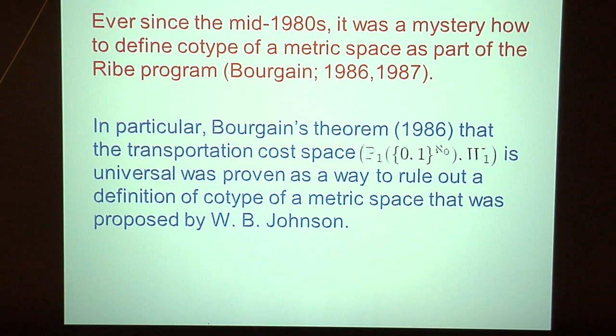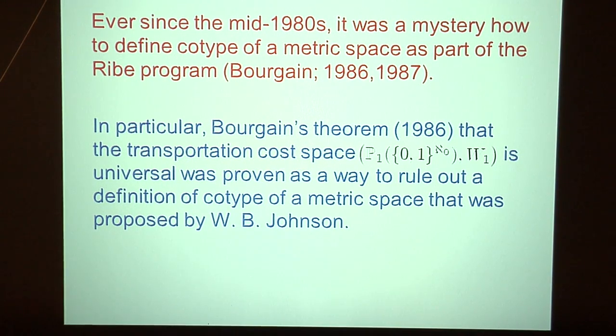So in particular, this theorem about the Wasserstein-1 distance, the transportation cost distance in Bourgain, the reason he proved that this was universal was that before that, Bill Johnson proposed a definition of cotype for a metric space which involved transportation cost metrics.